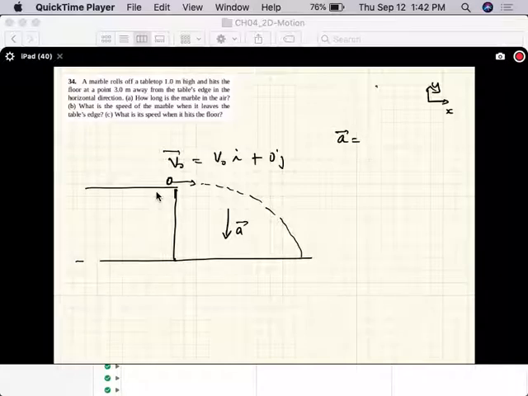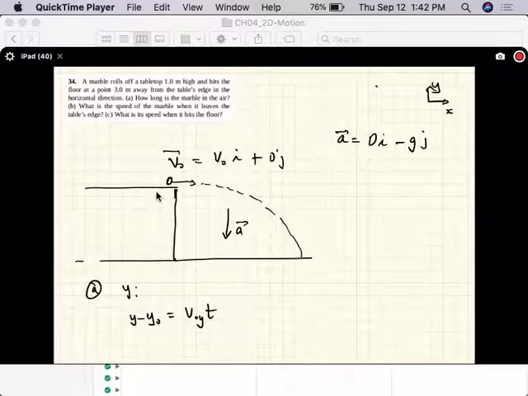It's minus g j, and g is 9.8 meters per second squared. Now let's look at the y motion: y minus y naught equals v naught y t plus 1/2 a y t squared.